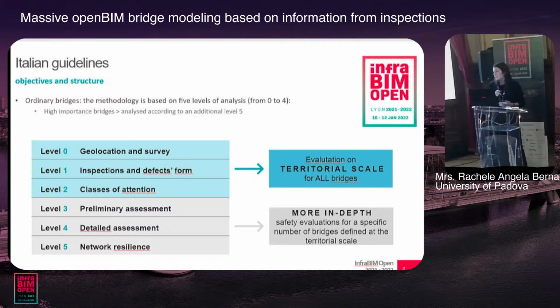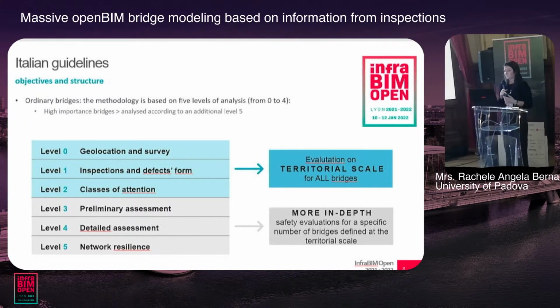For those who don't know how the Italian guidelines work, these are procedures developed for ordinary bridges, and based on 5 levels of analysis. The first 3 levels are applied to all bridges, a large amount of bridges, as an evaluation on a larger scale of the territory.